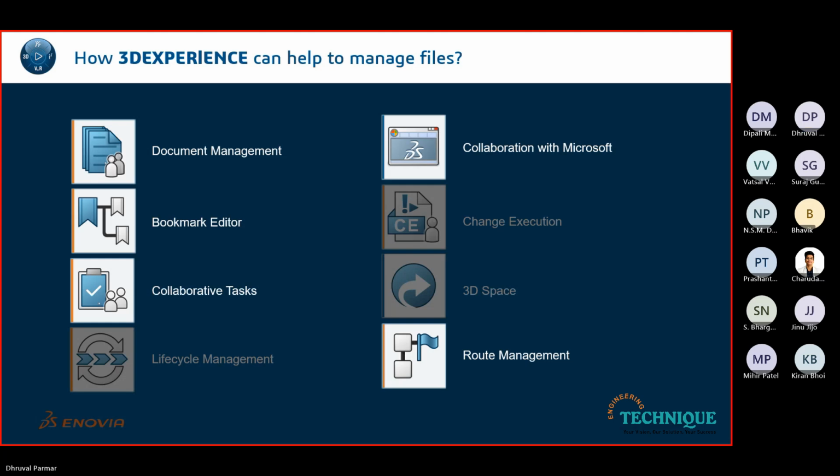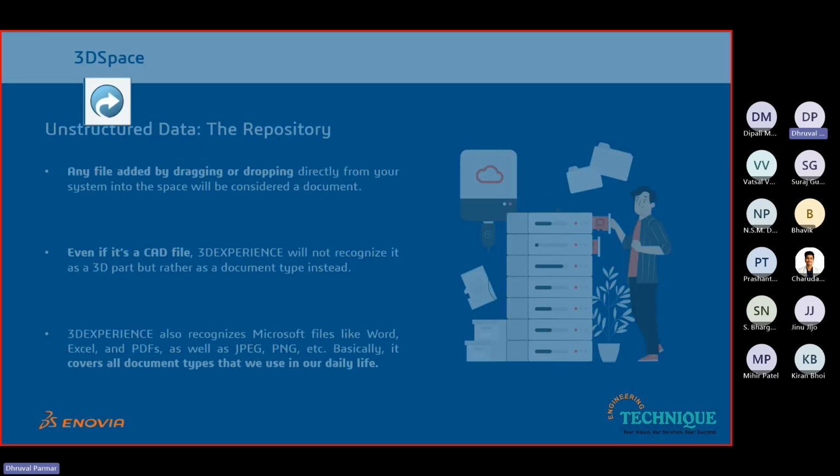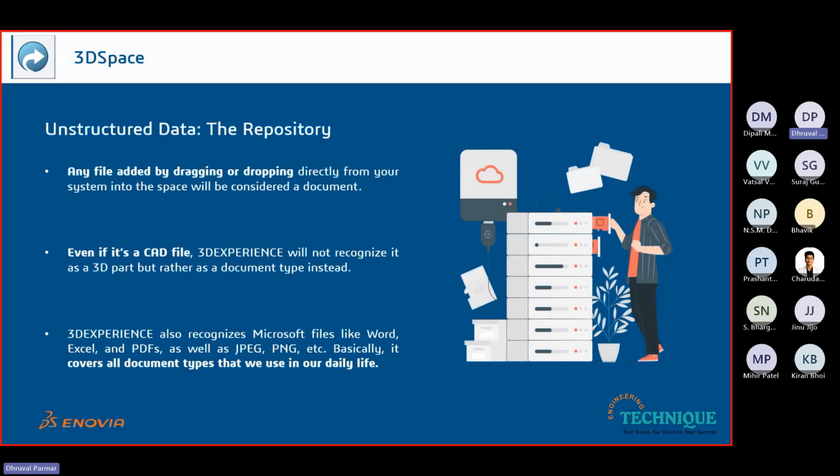First, we have to address the elephant in the room, 3D Space. If you want a basic idea of what it is, imagine a repository where you store all your data, regardless of structure or file format.